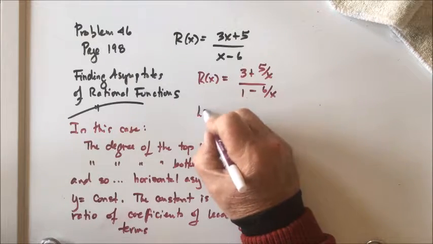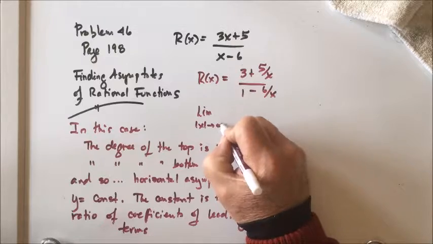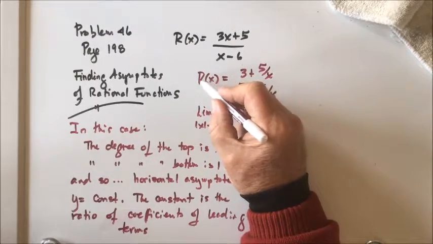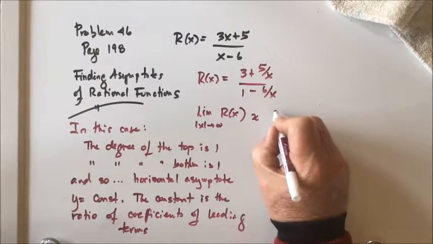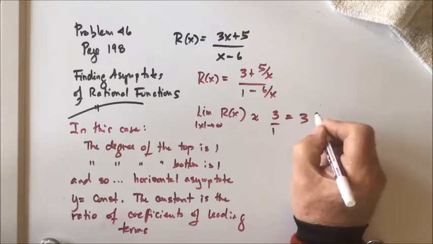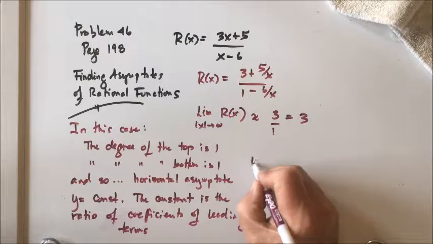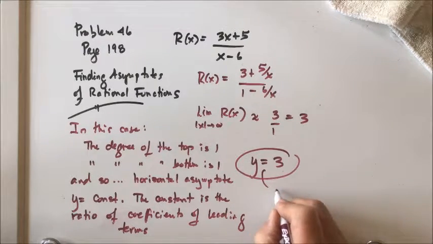So in the limit, as the absolute value of x goes to infinity, r of x begins to look like 3 over 1, which equals 3. That shows that the horizontal asymptote is y equals 3.